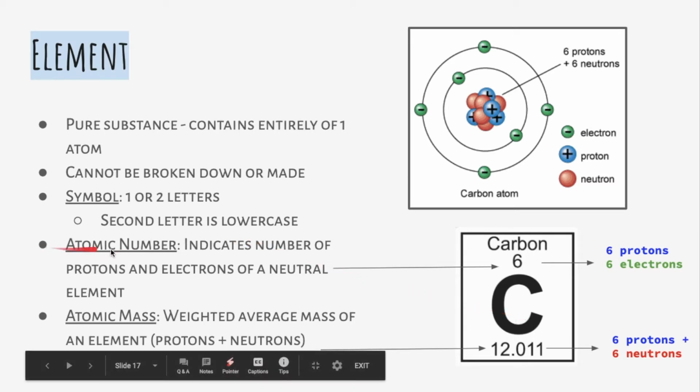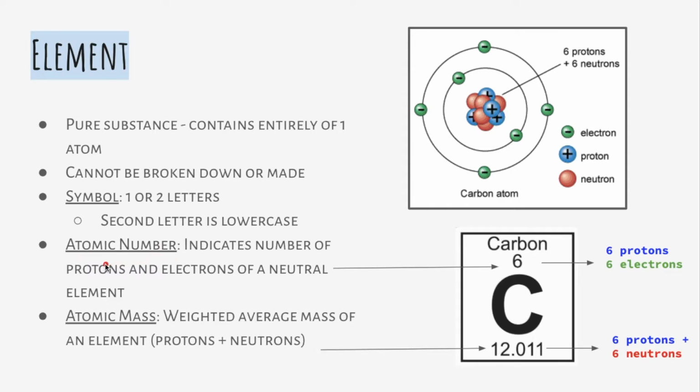We can also represent our element by its atomic number. Each element has its own atomic number, and this is on the periodic table as a whole number. So this will be 1, 2, 3, 4, 5, 6, and so on. This indicates the number of protons of an element. So carbon has an atomic number of 6, which means it also has 6 protons.